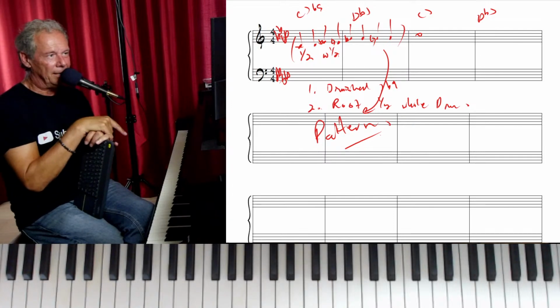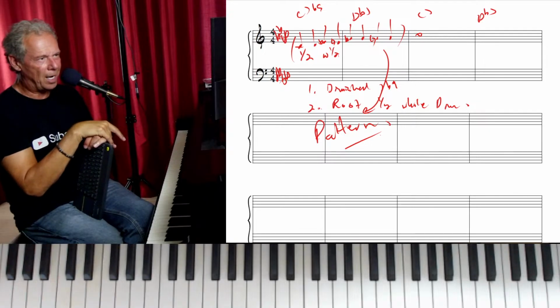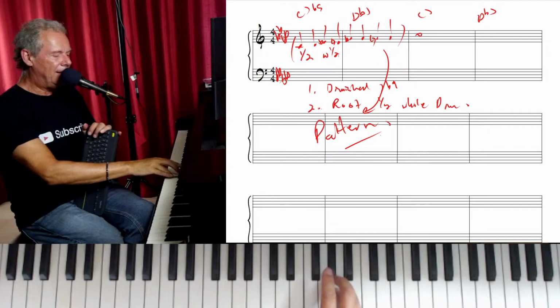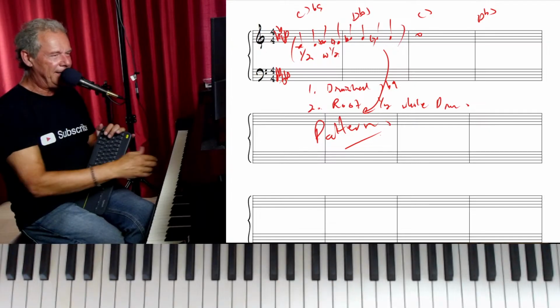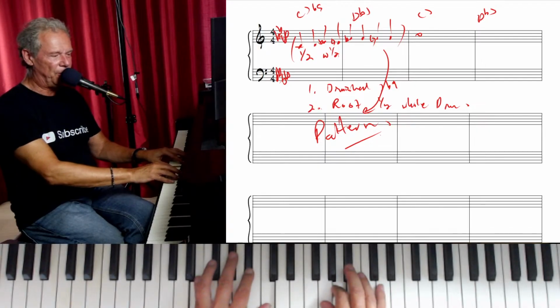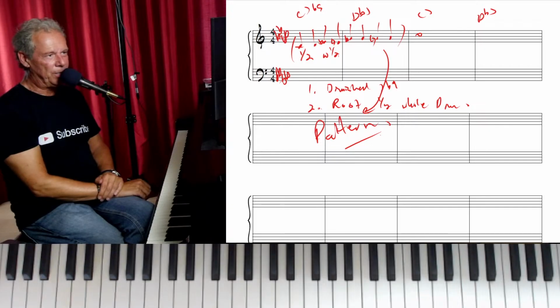But yeah, I'm not sure we're talking about the same thing at the current moment. Bethany, maybe you could, well, you wrote, the flat 13. Yeah, I mean, it's a natural 13 in the C7 flat 9 scale. It's a natural 13. So again, I'm not sure we're talking about the same thing.